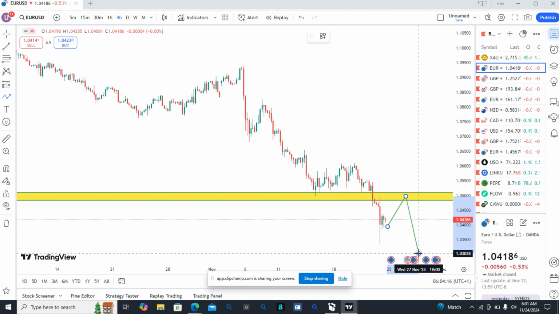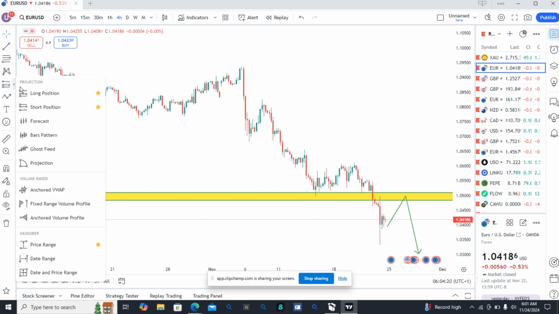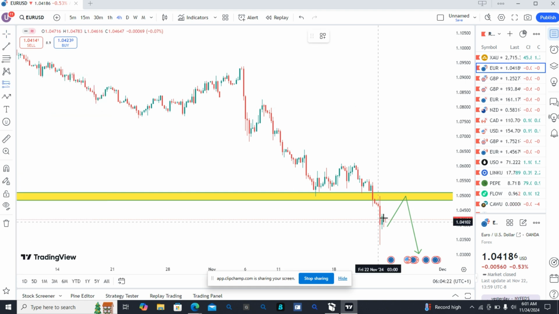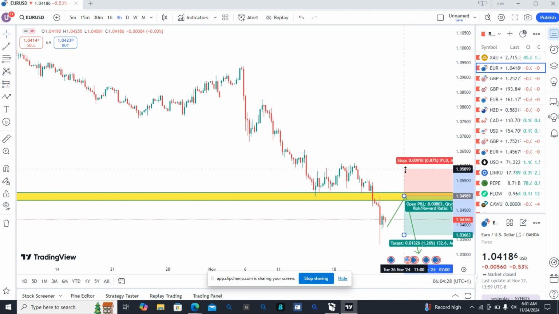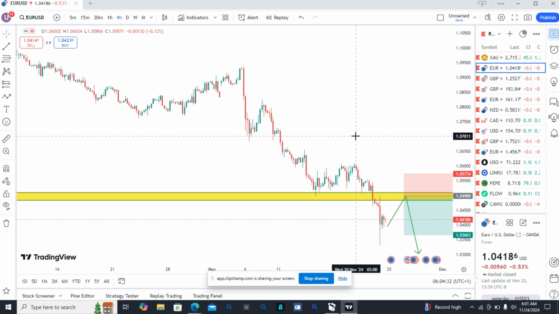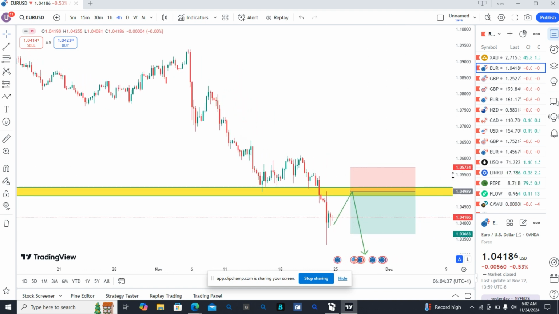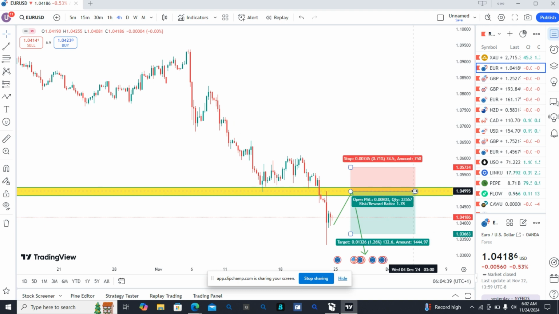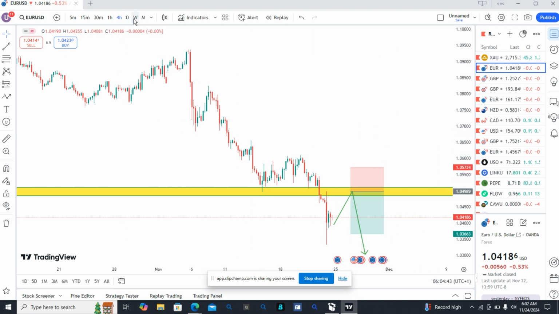So let me put our sell positions so that you see how it will look. So when market pulls back to this zone, our entry confirmation is bearish engulf candle. That's our entry confirmation. Or move down to 5 minutes time frame, look for change of character towards bearish trend and we sell this market.